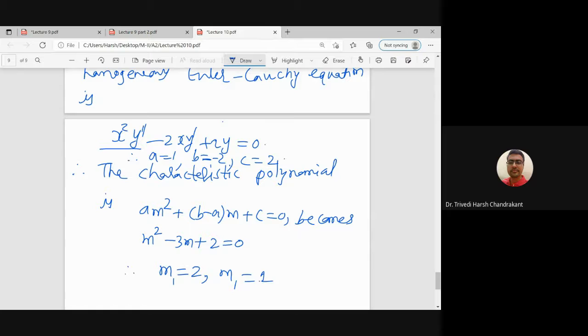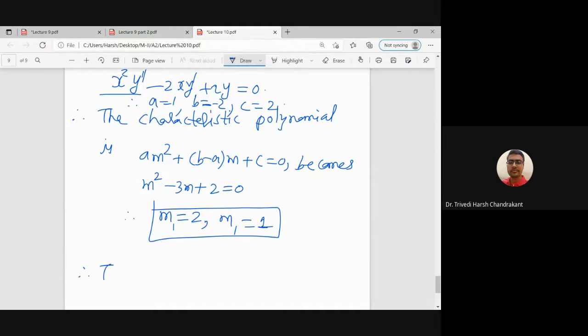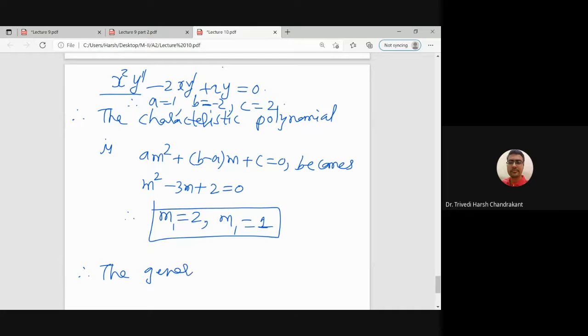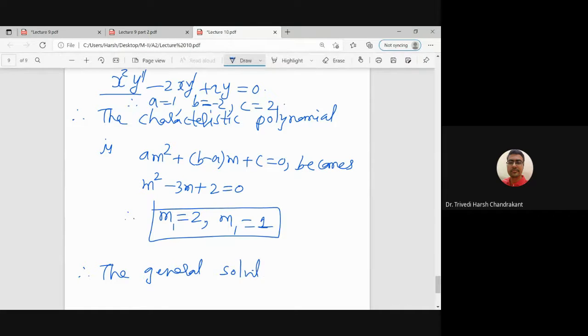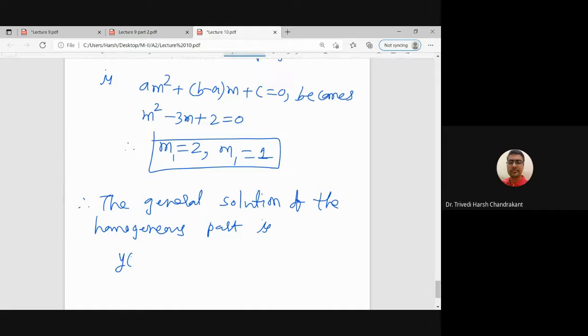Right, so m1 and m2 are different. So therefore the general solution of the homogeneous part is y(x) equals c1 x power m1, which is 2, plus c2 x power m2, that is 1.